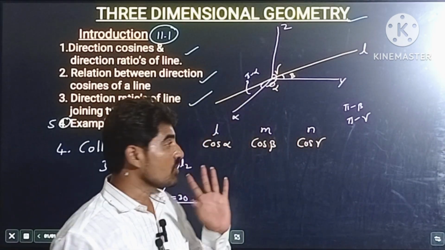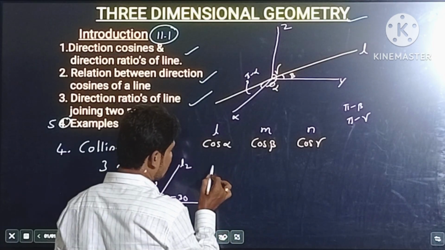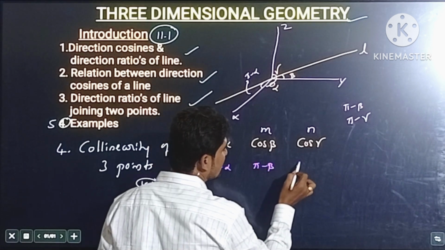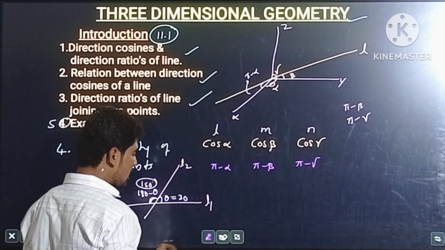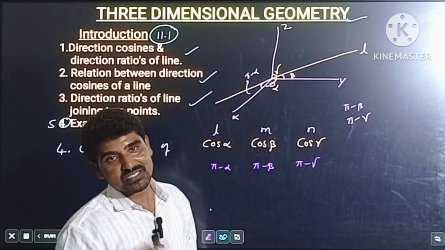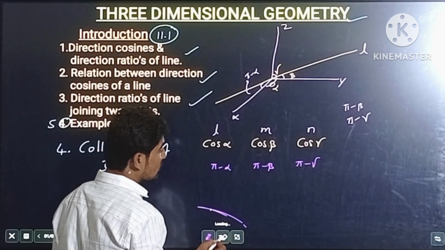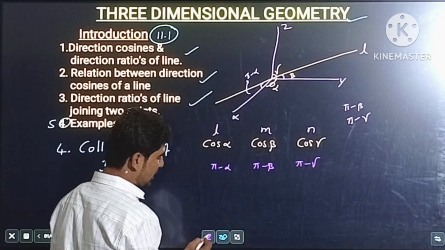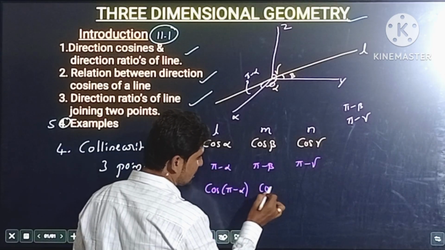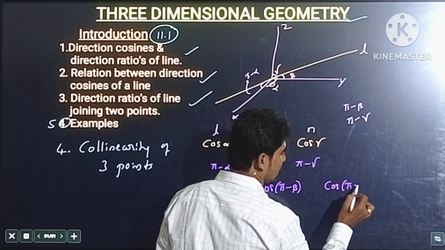So here we have one more set of direction angles of the given line, which are pi minus alpha, pi minus beta and pi minus gamma. The cosines of these angles are also known as direction cosines. So the direction cosines are cos of pi minus alpha, cos of pi minus beta, and cos of pi minus gamma.